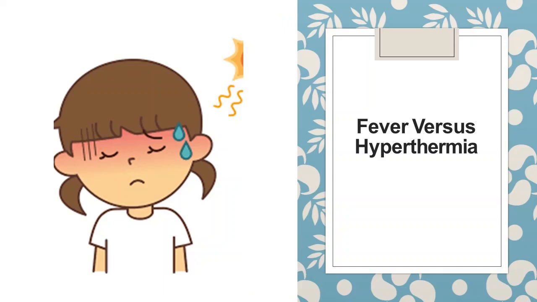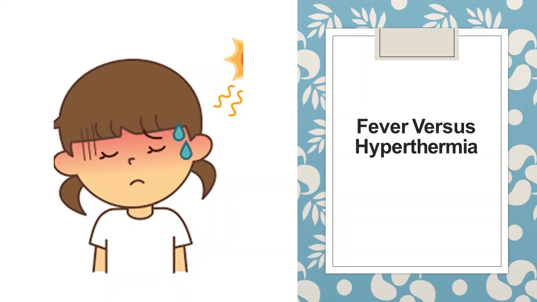How does a fever differ from hyperthermia? In fever, there is a change in the hypothalamic set point, whereas in hyperthermia, the thermoregulatory mechanism of the body has failed. Fever involves cytokines, whereas there is no such mechanism in cases of hyperthermia.